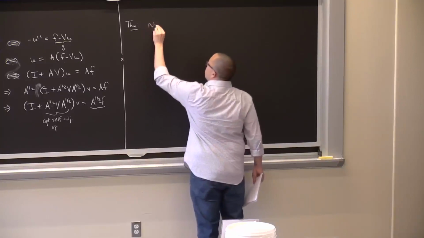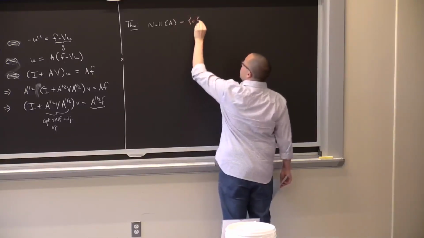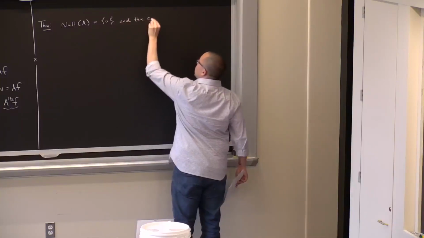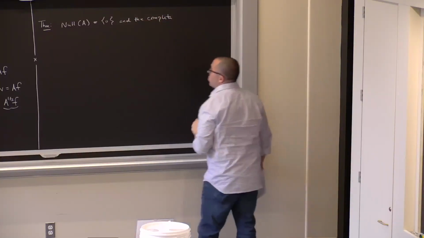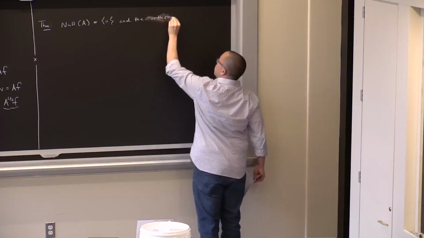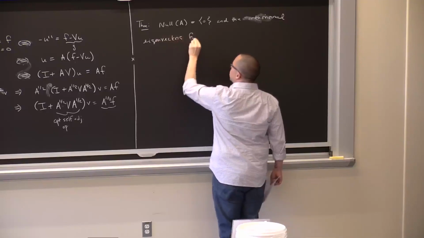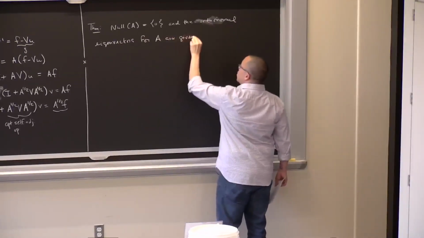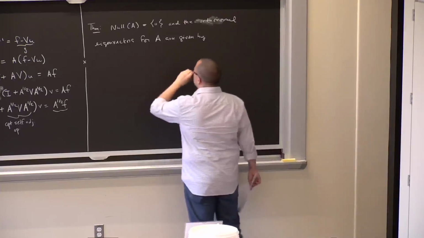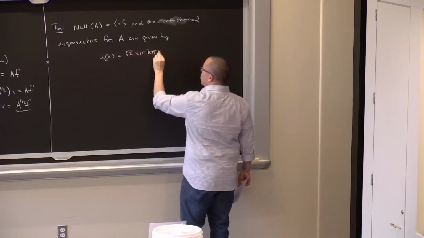So the first theorem I want to prove is that the null space of A is the 0 vector, or the 0 function, and so it has no non-trivial null space, and the orthonormal eigenvectors for A are given by u_k of x equals square root of 2 sine(k pi x).